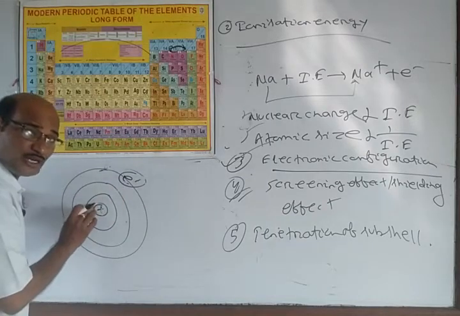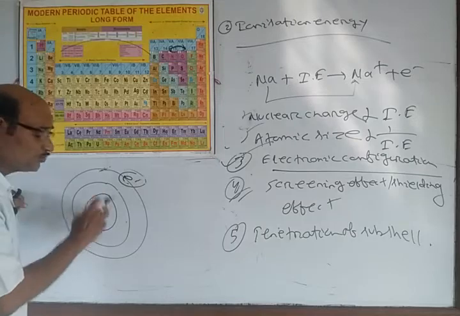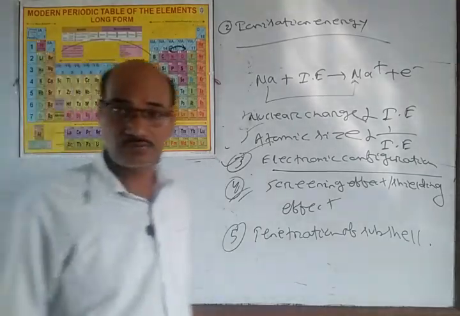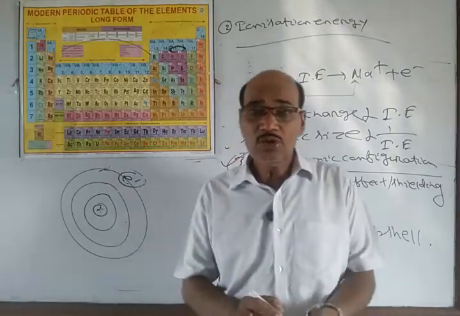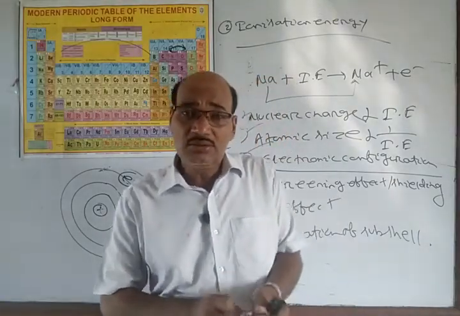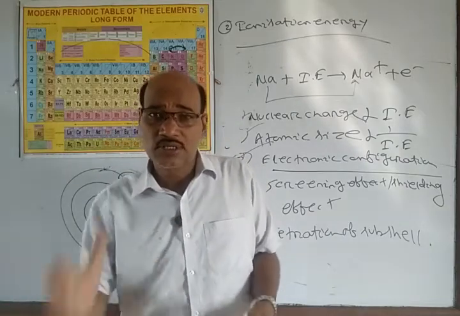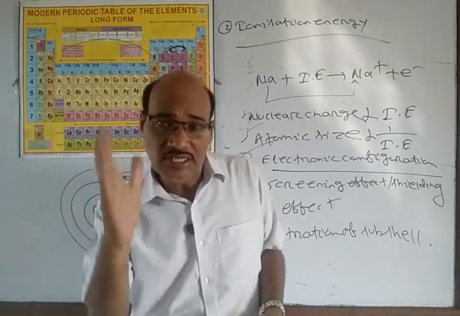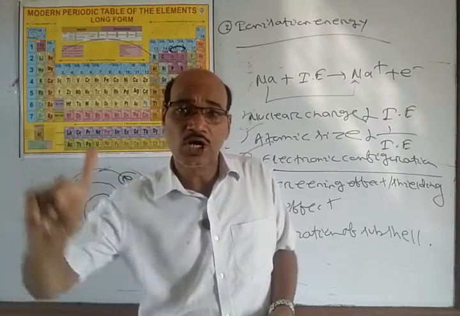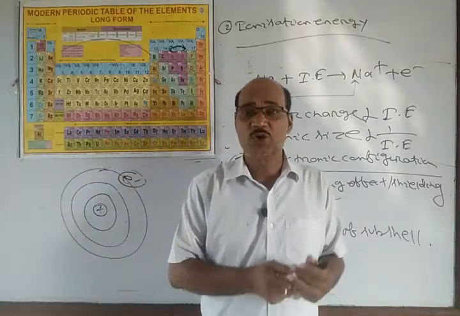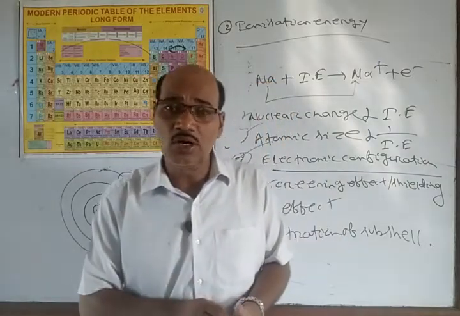That's why the effective nuclear charge on the valence shell will be less. So the orbits in between the nucleus and the valence shell screen or shield the effect of the nucleus on the valence shell. This is called what? Screening effect or shielding effect.